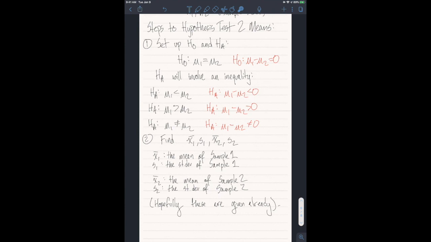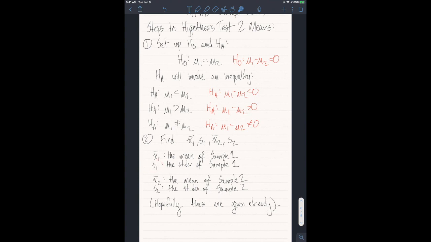You add them all up, divide by how many there are. So I give you 10 men's weights. You should know, add them all up, divide by 10, that'll give you your sample mean for the men. If I give you 13 women's weights, add them all up, divide by 13, you would get your sample mean for the women. You guys know the standard deviation formulas too.